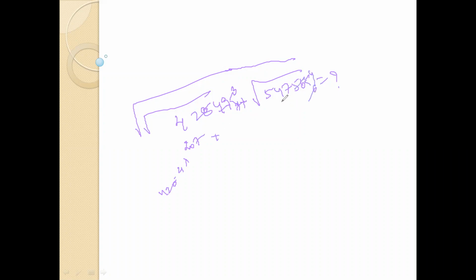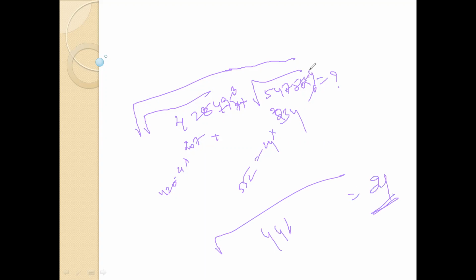Remove the last two digits: 23, 529. 23 into 24 is 552, so this value is less. So we take 234. Square root of 54756 is 234. 441 means 21. So 21 is the right answer. Very good, ma'am.